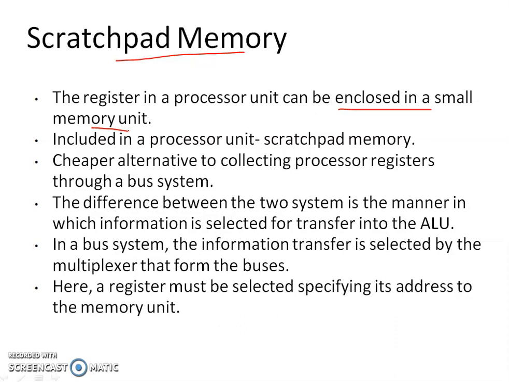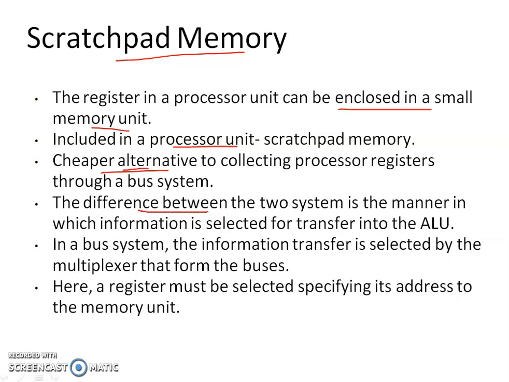Without accessing the main memory, the contents can be loaded in this small memory unit, which is small compared to the main memory and is within the processor. That is called the scratchpad memory. It is a cheaper alternative to connecting processor registers through a bus system. Instead of using the registers, we can make use of the scratchpad memory also.